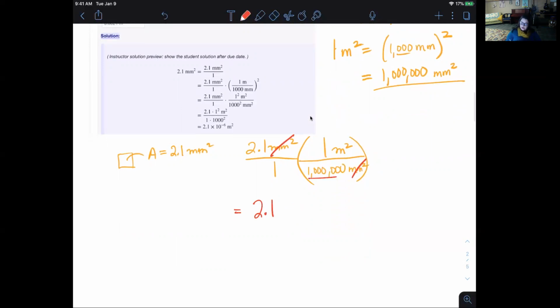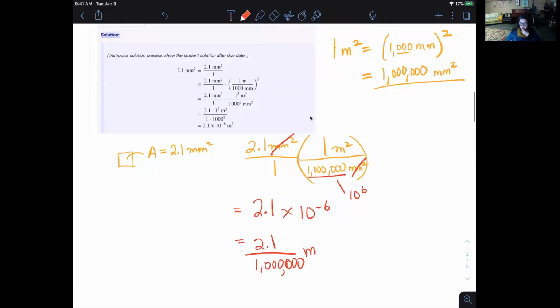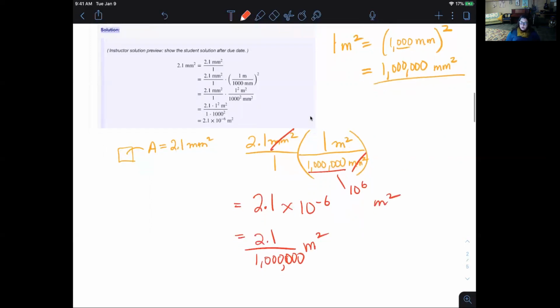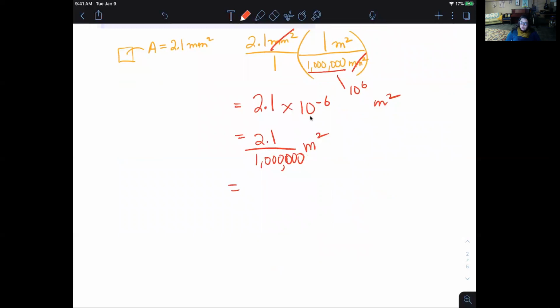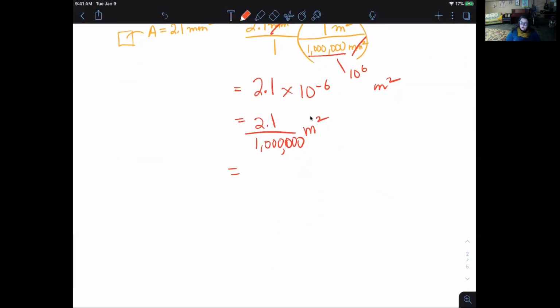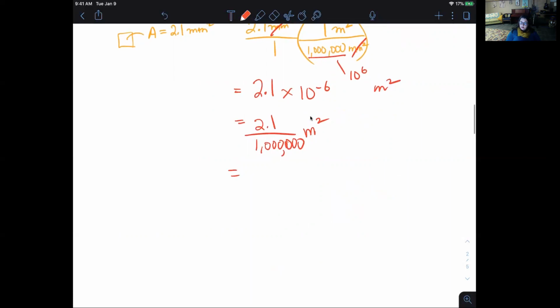And you could say this is the same thing as 10 to the 6th. So if we move that up, it would be times 10 to the negative 6, because that's the same thing as 2.1 divided by 1,000,000. If you divide by 1,000,000, you're taking your number and moving the decimal over 6 places. So I would insert 1, 2, 3, 4, 5, 6 zeros, put my decimal there.